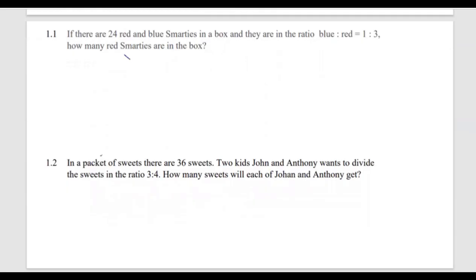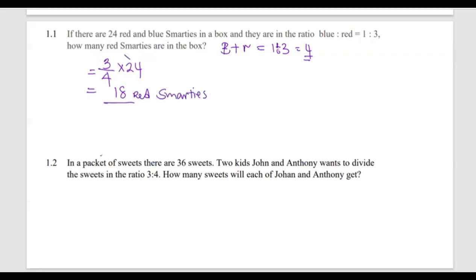There are 24, but the division here says blue is to red, 1:3, which means the total is what? 4. So of these 4, 3 are red, times 24. So this will become 18 red Smarties.